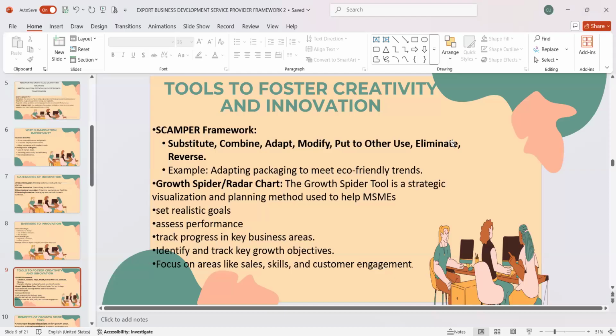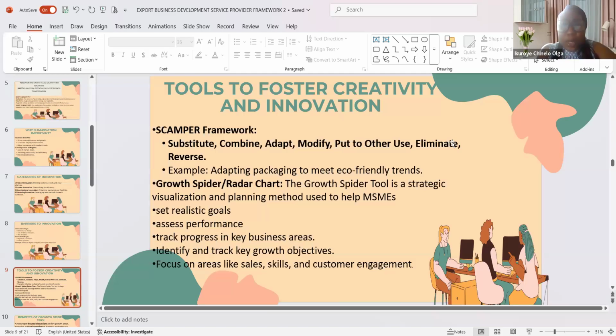While the second tool, the growth spider, is a visualization and planning method to assess your performance in key areas like scaling your customer engagement, and it gives you a clear picture of where you stand. It helps to set realistic goals, something like that.